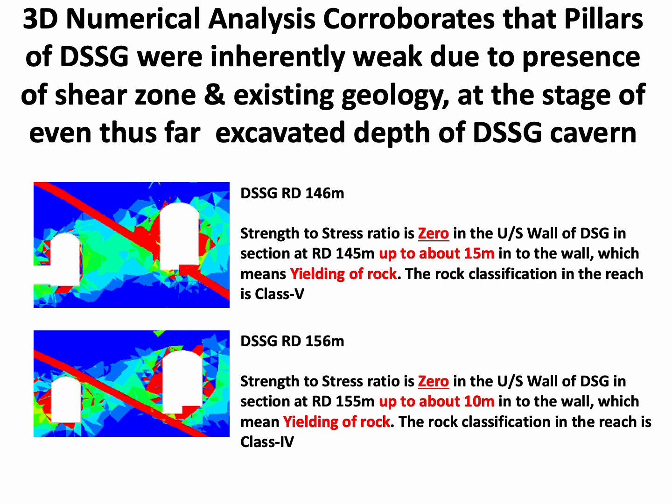But with this excavation itself, rock pillars were seen to be inherently weak, with yielded rock up to 15 meter inside the pillar. At RD 146, RD 156 and beyond, it was seen. The rock is yielded.